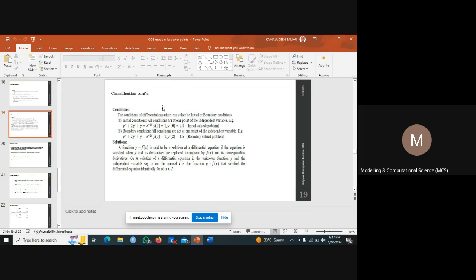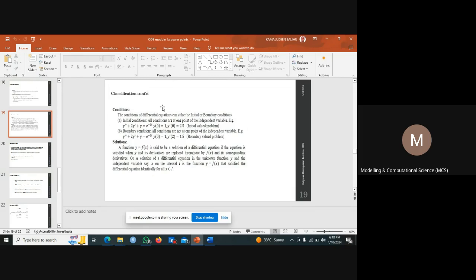We showed some examples of order: order 1, order 2, up to order n. Then we have types of differential equations: ordinary differential equations and partial differential equations. Then we talked about the degree of differential equations, which is the degree of the highest derivative in an expression.